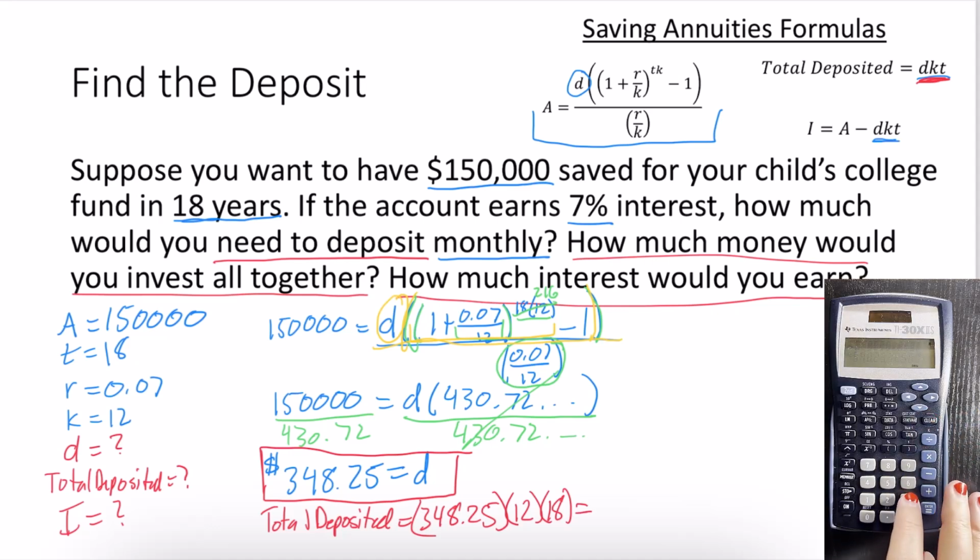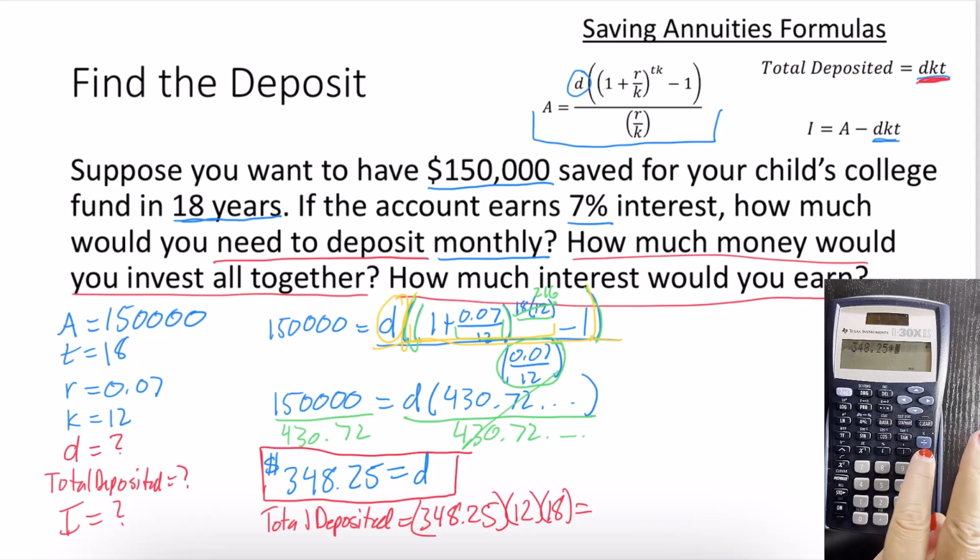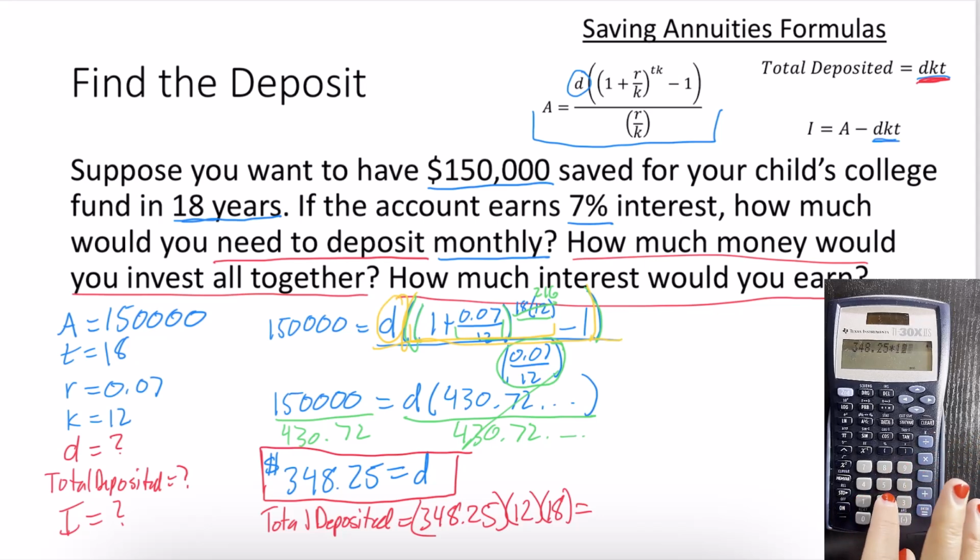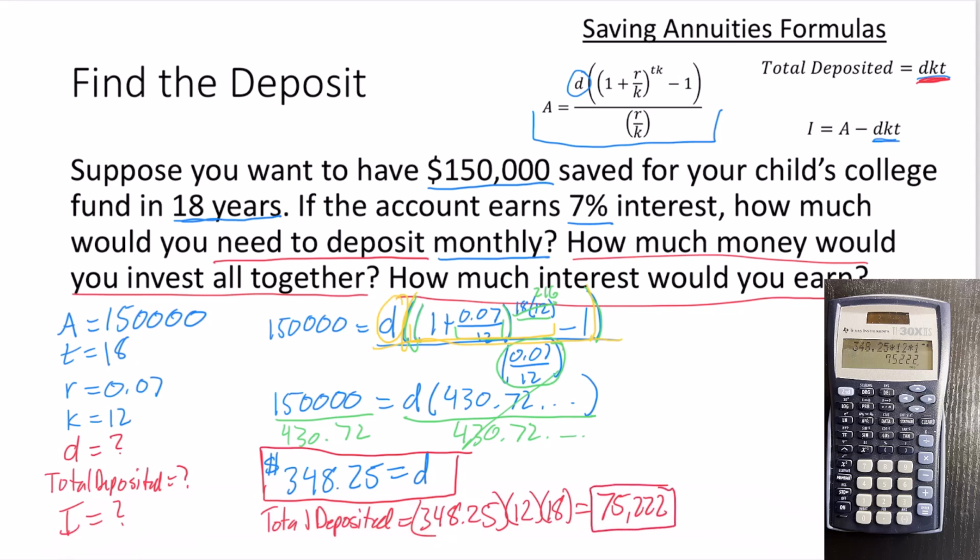And when I do that, 348.25 times 12 times 18 equals $75,222. So that's the amount that I would pay into the account in total.